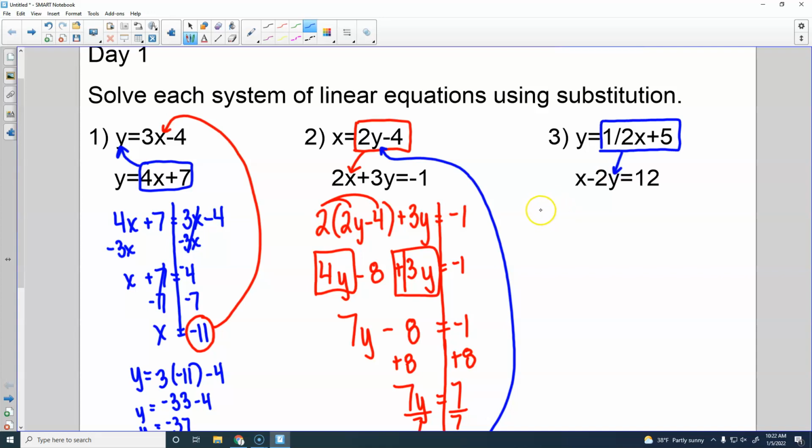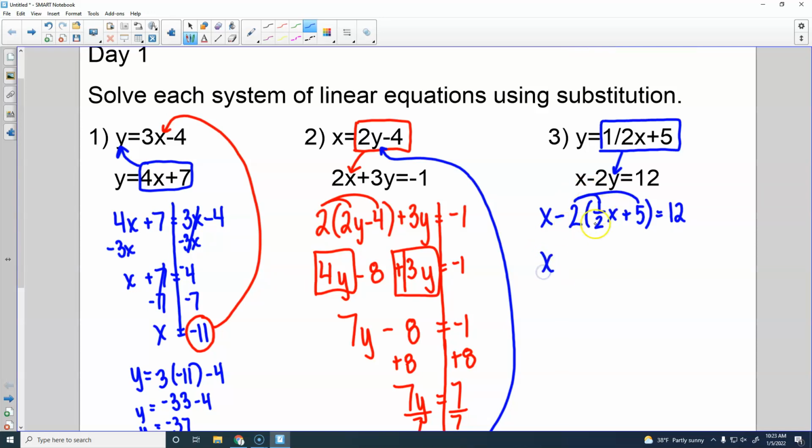So that's going to look like this. x minus 2, and instead of y I'm going to put parentheses. I'm going to put in my 1/2 x plus 5 equals 12. Okay, so we're going to distribute.